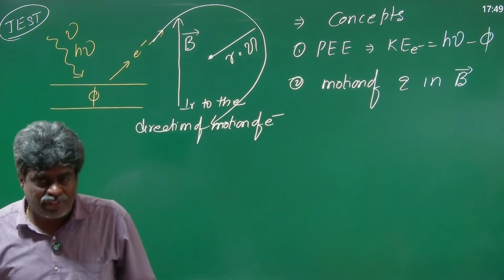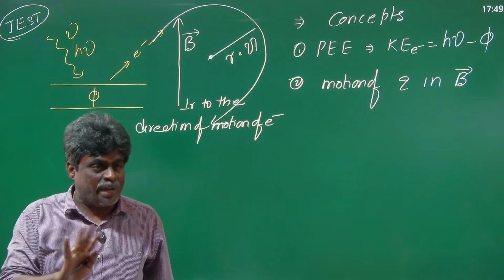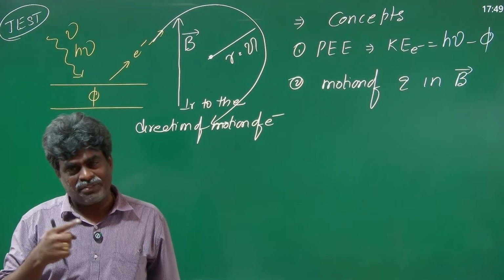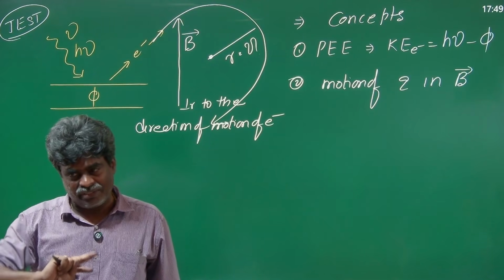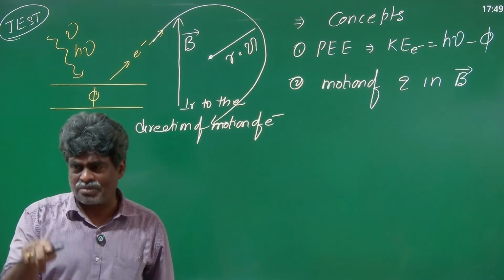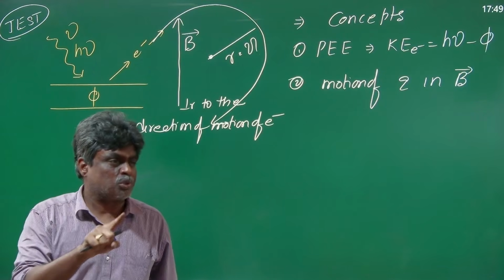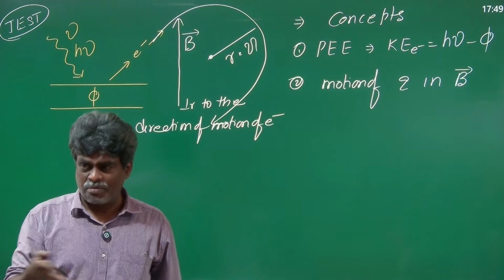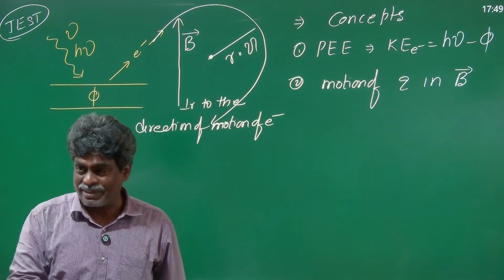But what will a magnetic field do? It won't accelerate. It will turn. The electric field will accelerate, the magnetic field will turn. This was in the bridge course of physics last class, the motion of a charged particle in electric and magnetic fields.